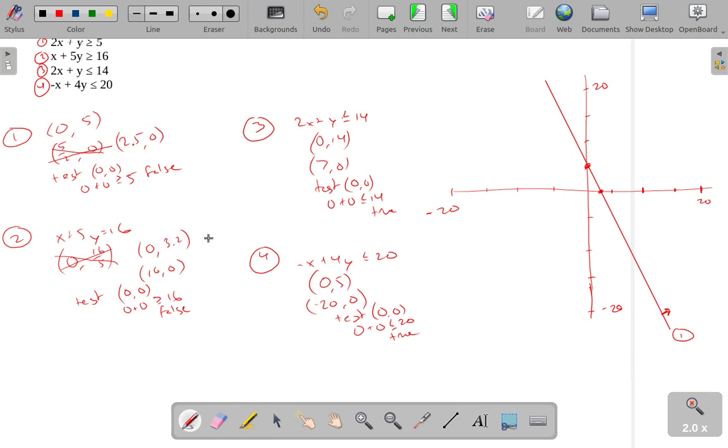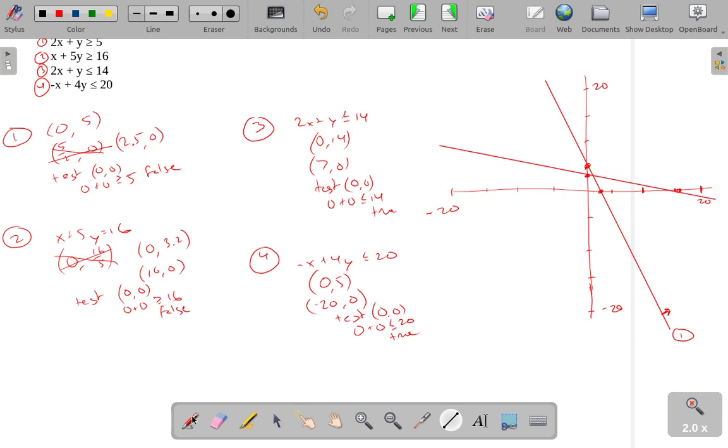All right, for line 2, I have the point 0, 3.2. It's about there, I'm just estimating. And 16, 0, which is over here. Looks about like that. I can do better than that. Oh, that's pretty close.